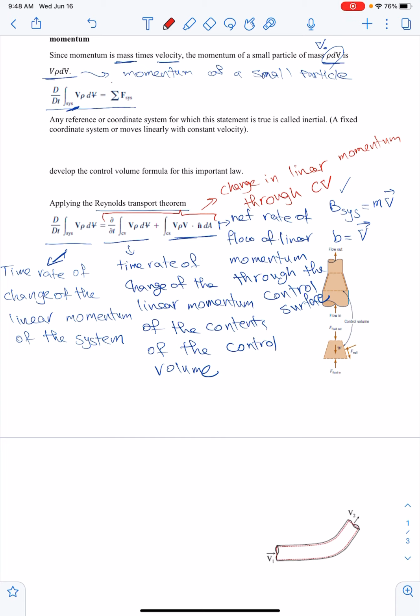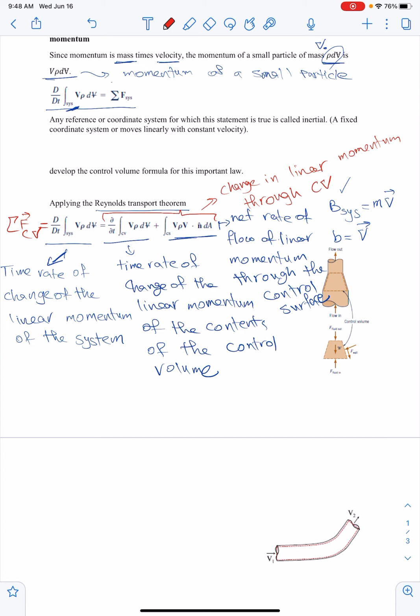And also by considering Newton's second law, we can say that this is equal to the sum of the forces on the control volume.